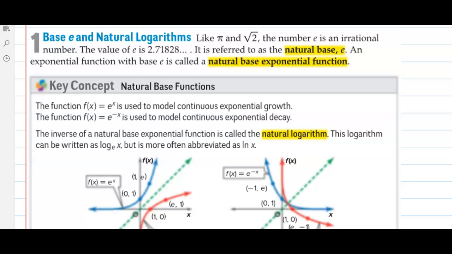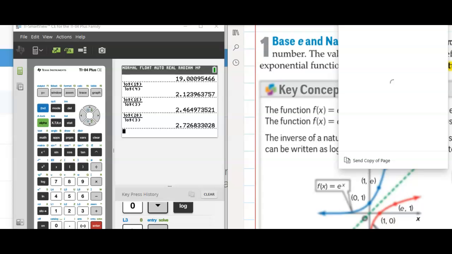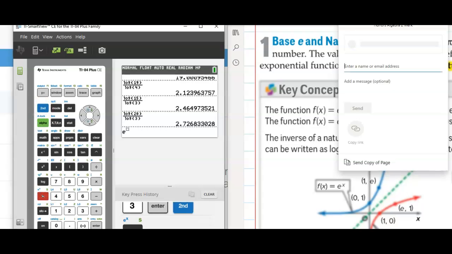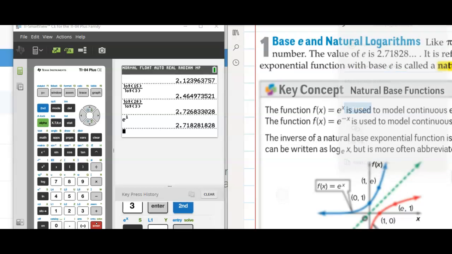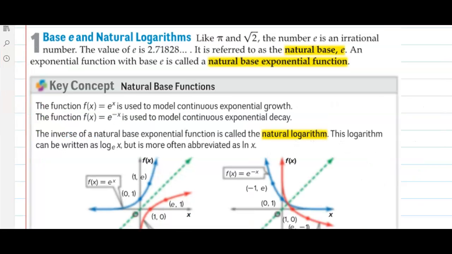E is just like pi. It's just another number. Instead of writing out that really long number that never ends, we just put e. And if you press e on your calculator, you'll see it's going to be the blue button and then the natural log button. E is just 2.7182 and so on, just like it says in our notes.